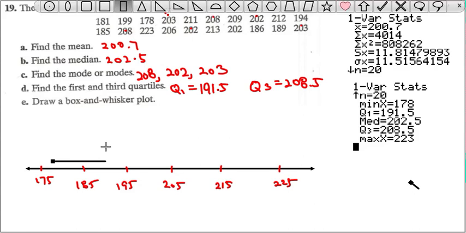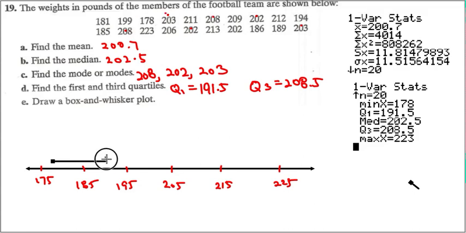And 190 to 202.5, so it's going to be around here. And 208.5: this will be 210, the middle. 208.5 would have been right over here.